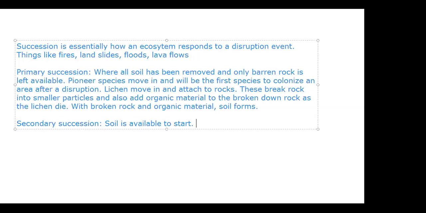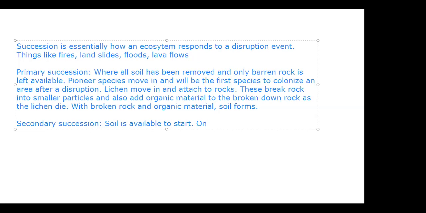Once we have our soil, we're going to start growing some things in it. And I'm going to use fire as a big example here because fire is one of the easier ones to think about. We have fires in Montana. It's easier to comprehend.